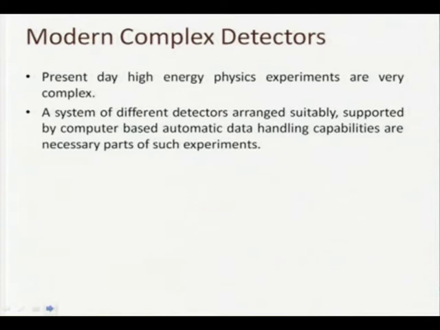All this information will be fed to a computer controlled system, and automatic data handling is necessary, because when beams are collided, the collisions happen very fast, and you have to read out all this information very fast, and a large amount of data is generated, so we have to have a system to handle all these things. This whole arrangement together makes a complex detector, as used these days.